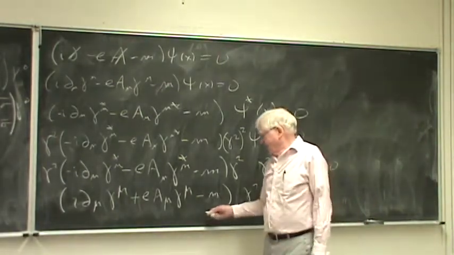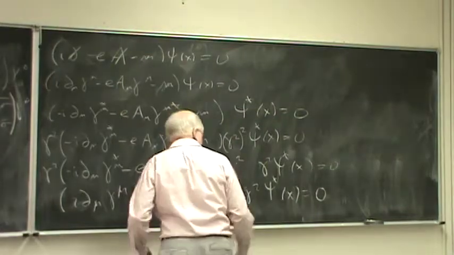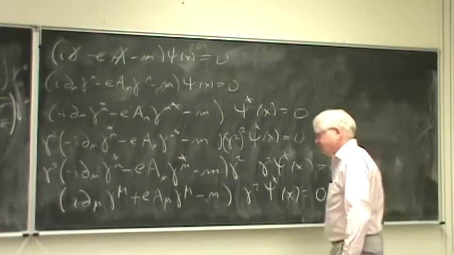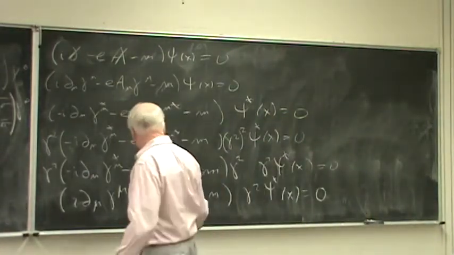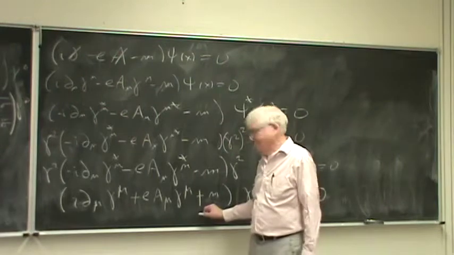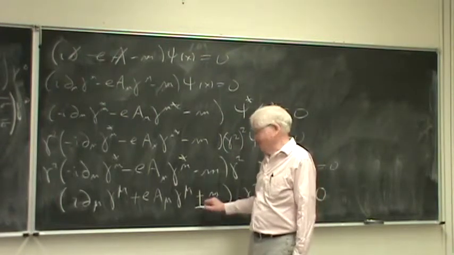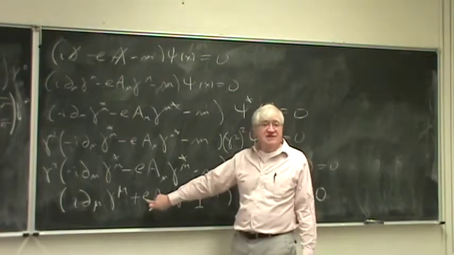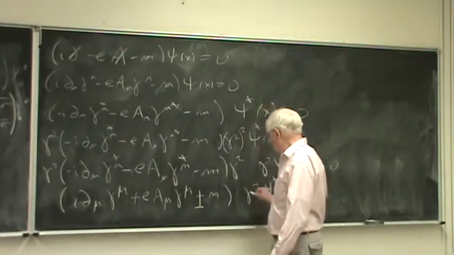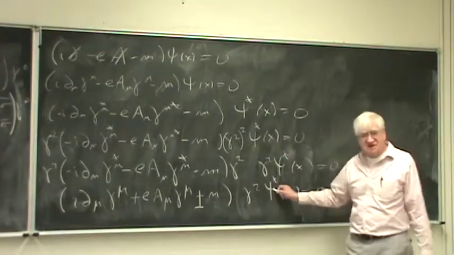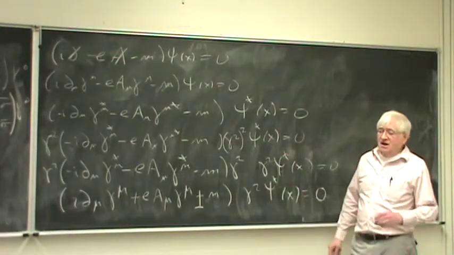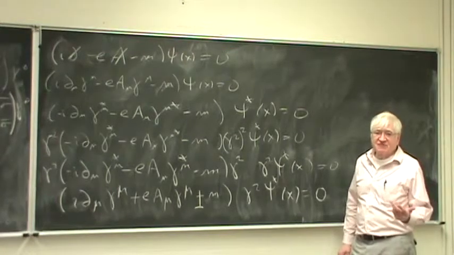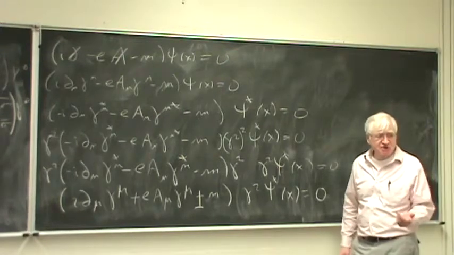So, here I tell you what, I will use red chalk then. Well, there used to be red chalk here. Well, I'll just change it to a plus. Or if you want, plus or minus, there you go. Doesn't matter the sign, but the sign of e is changed. So that means that the field, gamma 2 psi star, is a field that describes a spin 1/2 particle of the same mass but opposite charge.